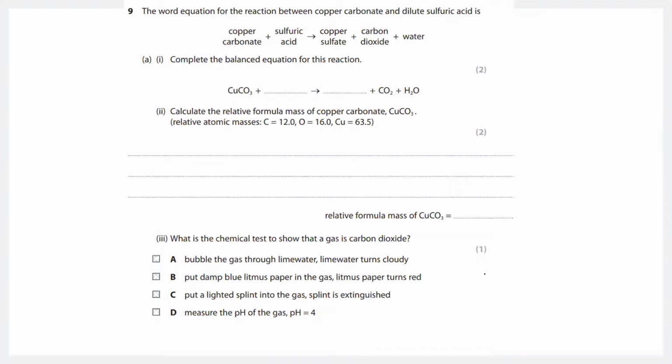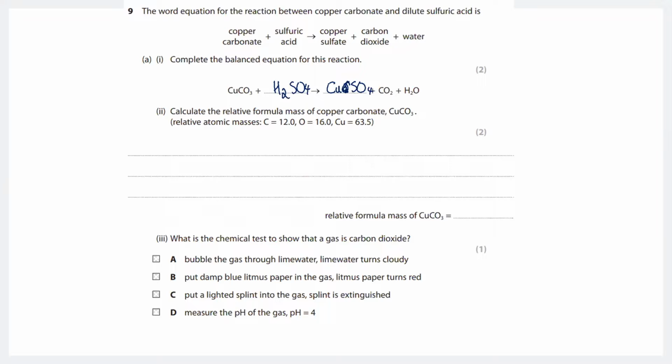The word equation for the reaction between copper carbonate and dilute sulfuric acid is copper carbonate plus sulfuric acid goes to copper sulfate plus carbon dioxide plus water. Complete the balanced equation for this reaction. So the formula for sulfuric acid is H2SO4, and we've got copper sulfate, so CuSO4.